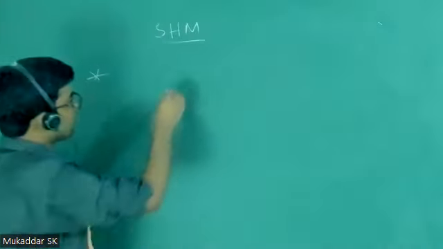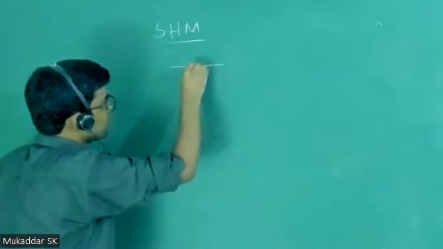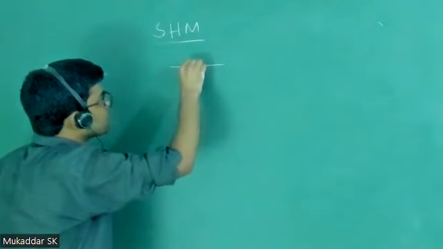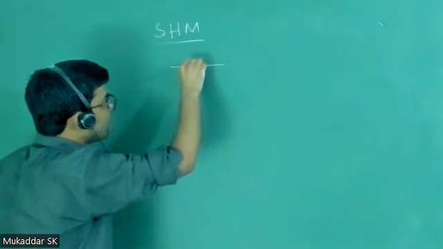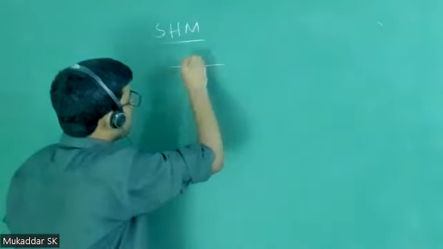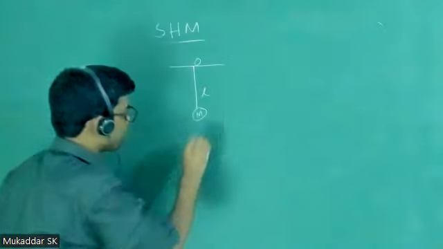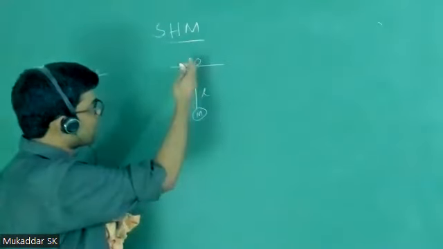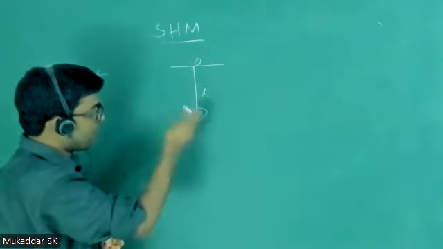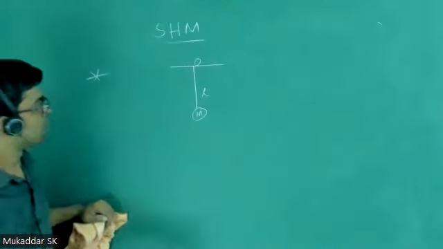Now, as you know, a simple pendulum is also an example of simple harmonic motion, right? Suppose there is a simple pendulum of length L, and this is O, the point of suspension, and this is the bob having mass m. This is the string having length L, mass is m, and it is suspended.